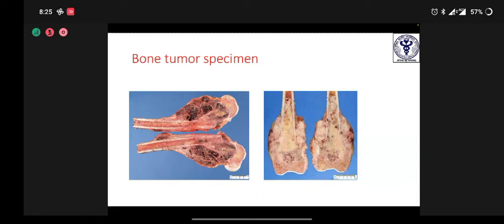What kind of tumor is this, where is it located, whether the joint is involved or not. You can easily see here, this is from the knee joint area, and this is the part of the lower femur, and the tumor is originating from the lower end. What are the possibilities? You should clearly say whether osteosarcoma or chondrosarcoma. All these things you should always be aware of.